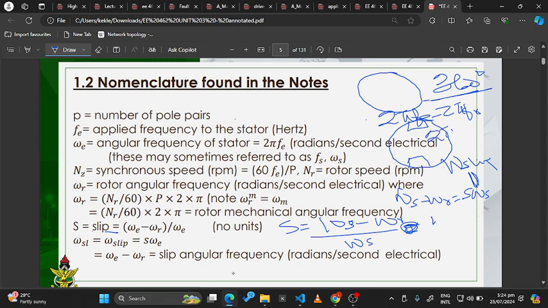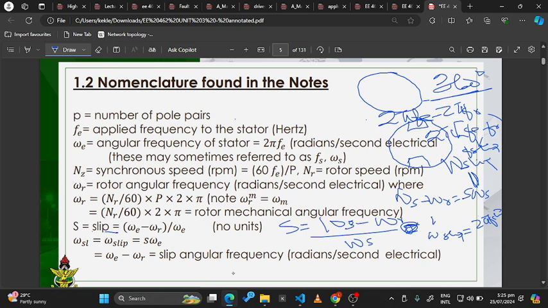So this is 2 pi times fe minus fr. Then I call this f slip. So then omega slip is equal to 2 pi f slip. I hope this makes sense.